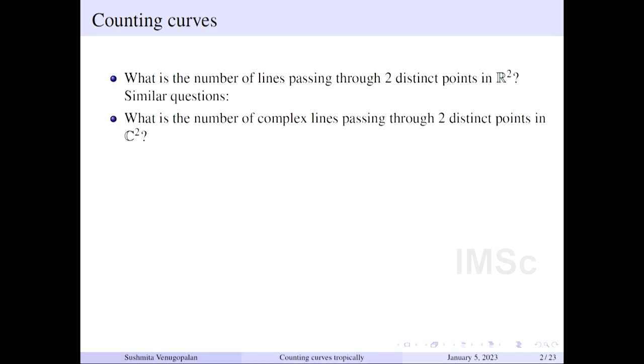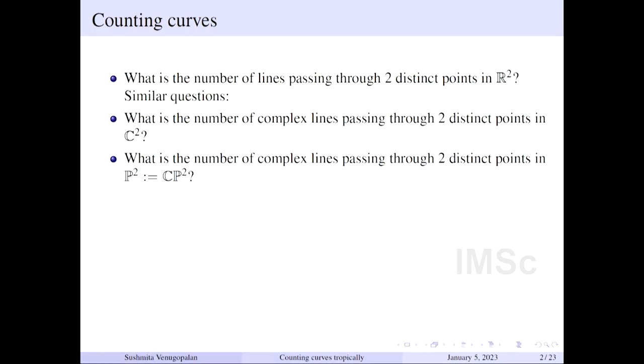And analogously, you can ask analogous questions in complex space, C2, and now we are talking about complex lines. And again, the geometry is the same, and you just get one complex line passing through 2 points in C2. And let's make it slightly more complicated.